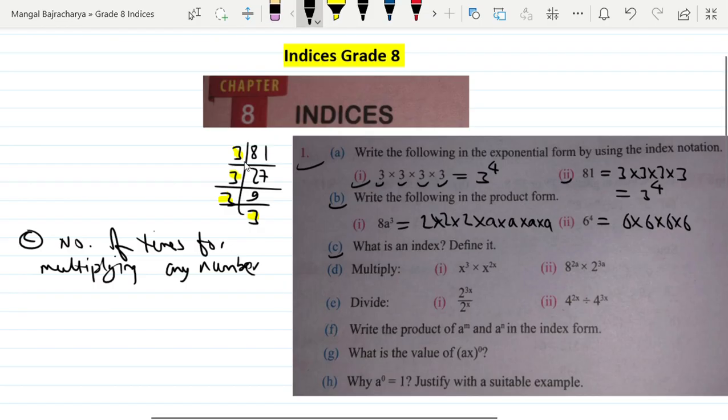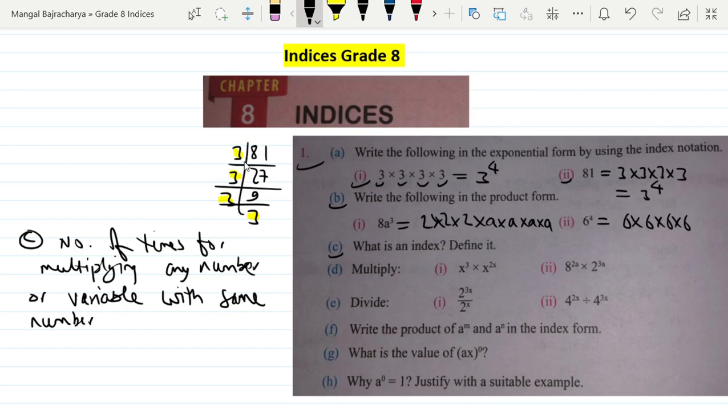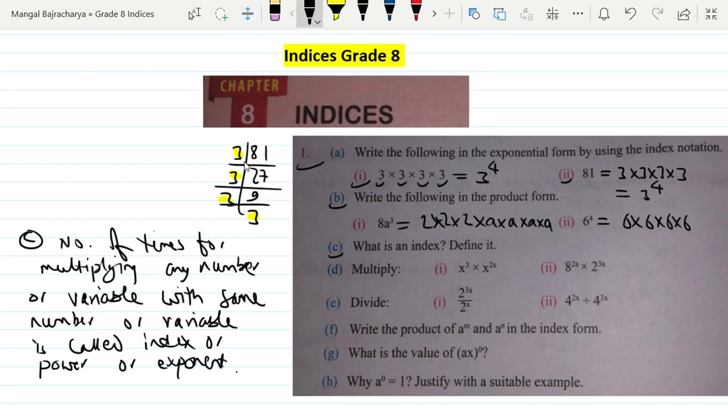with the same number or variable is called index, or power, or exponent, and it is written by raising it upward, just like in this example.